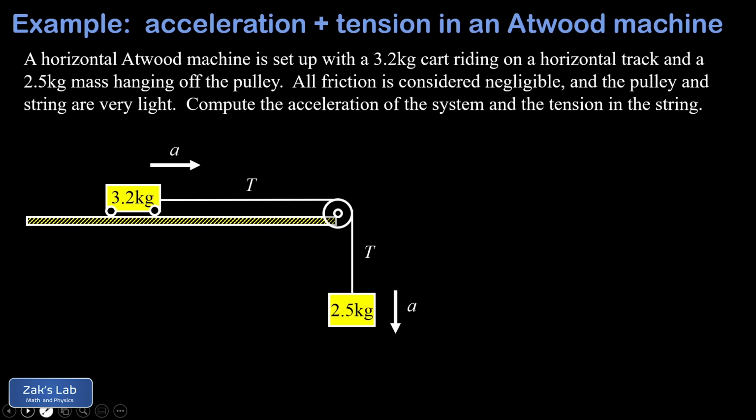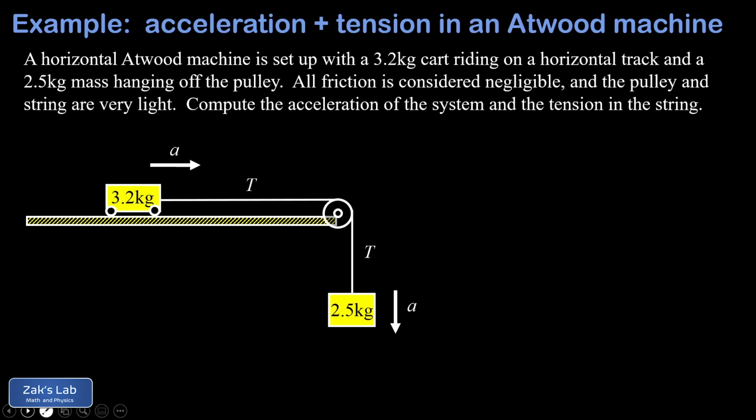Now, one of the things that's been done for us in the diagram already is that our acceleration vectors are shown in the actual direction that the system is going to move. And it's critically important to treat that acceleration in a consistent way. So what we're going to do is say the positive direction for each of these masses is the actual direction of the acceleration.